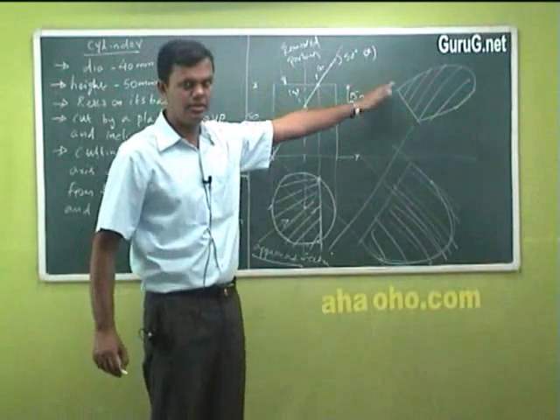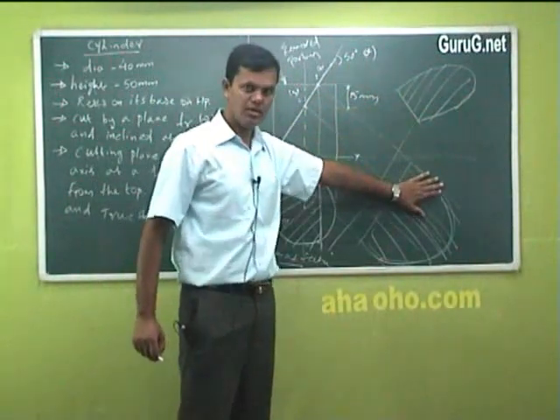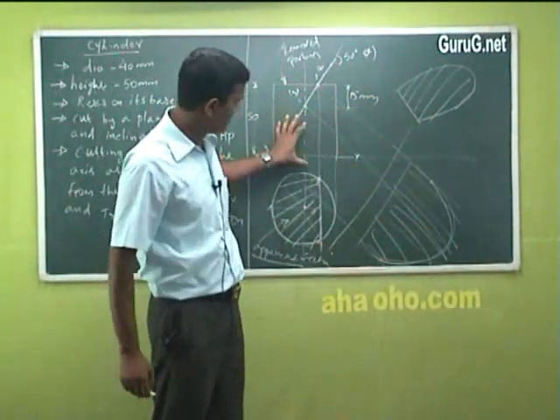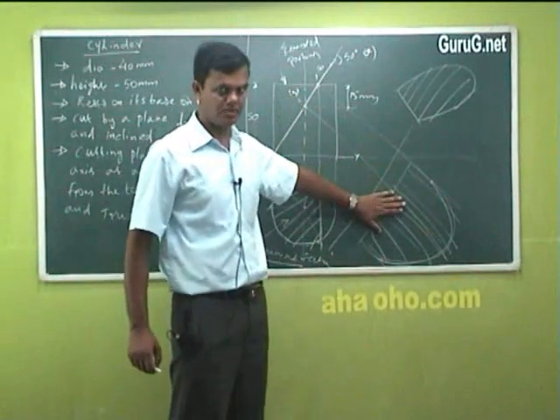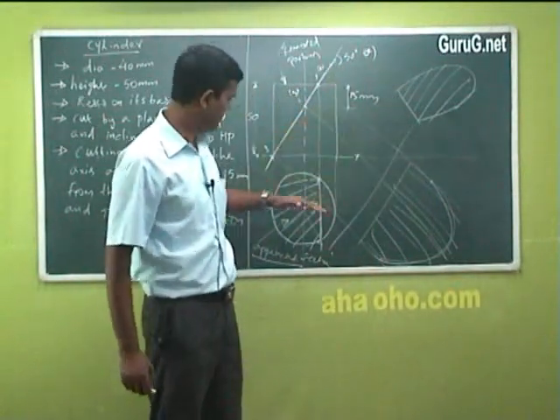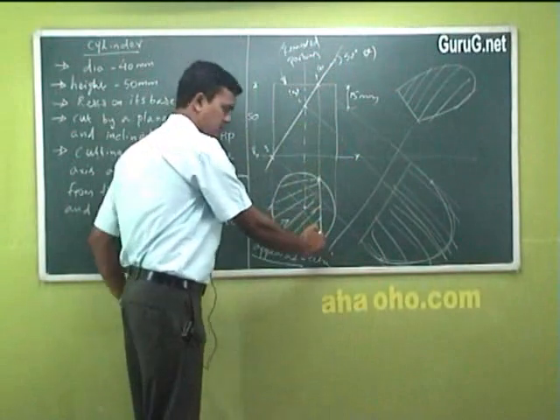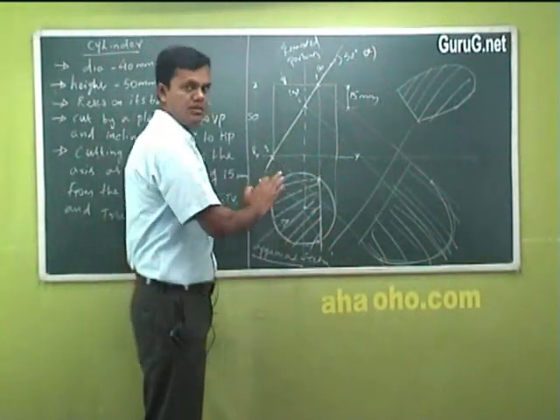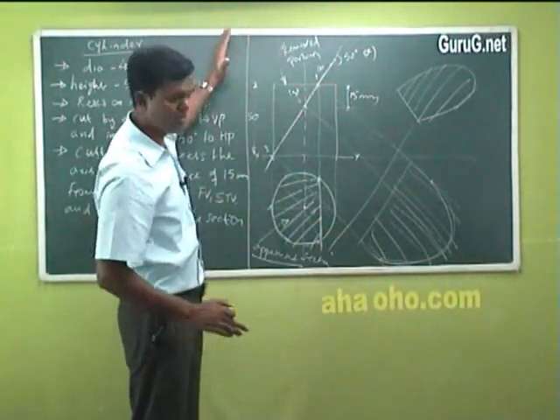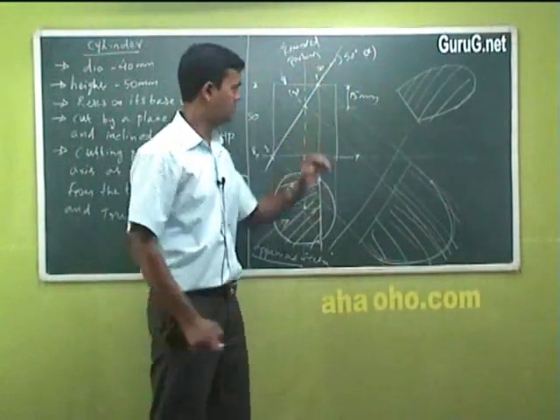The actual shape may be like one of these. Depending on the question, if you draw it, the proper shape comes. The final shape is only this, because you can identify it. So this is your straight line area, and the cut portion is this. When you hold a cylinder and take this portion, this is the sectional view.